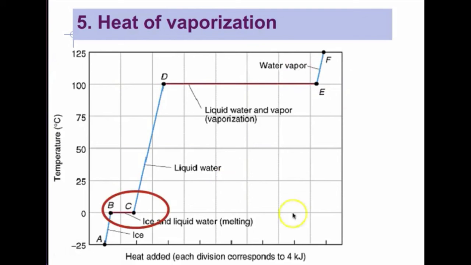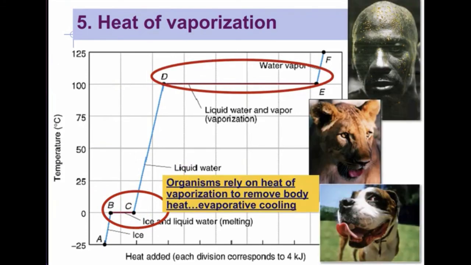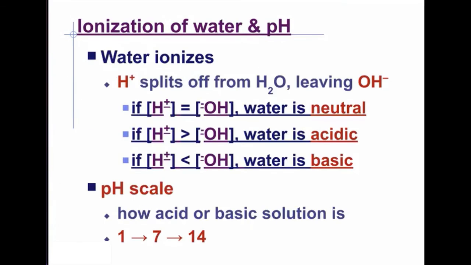So that's ice, so B and C, ice and liquid water melting. And this part from D to E is liquid water becoming vapor. Just to summarize this property, organisms rely on heat of vaporization to remove body heat, which we call evaporative cooling.